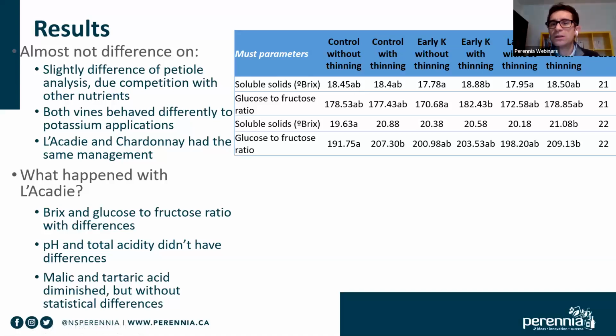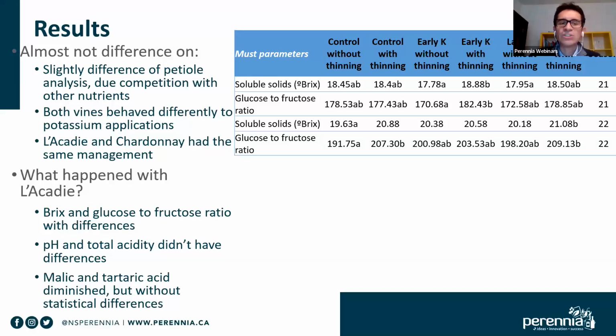It was only one of the lowest, but to our surprise, the lowest was the early potassium without thinning. Meanwhile, the highest was the early potassium with thinning. In terms of glucose fructose, the highest one was again the early potassium with thinning. In 2022, it was quite similar: thinning and early potassium presented good results.